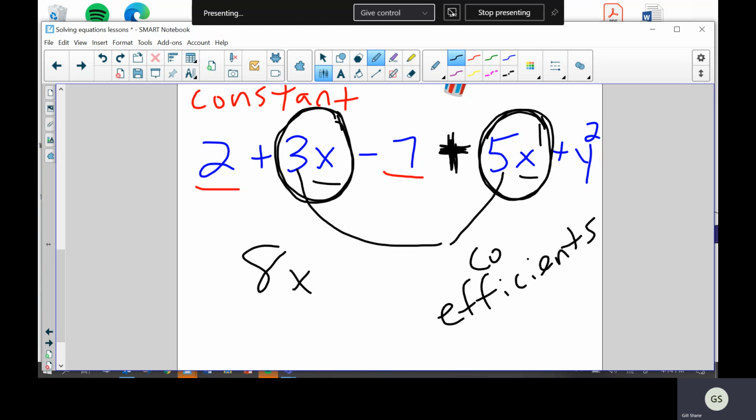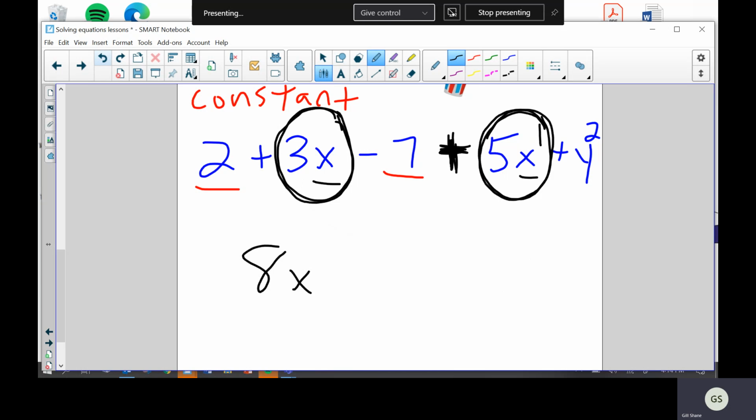The number just all by itself with no variable is a constant. So whenever you just have numbers that are constants, you can always combine those. So we can come up here and we can say, okay, well, if I have a 2, go back to red. If I have a 2, and then I'm subtracting 7 from 2, that's going to be negative 5, or subtract 5.